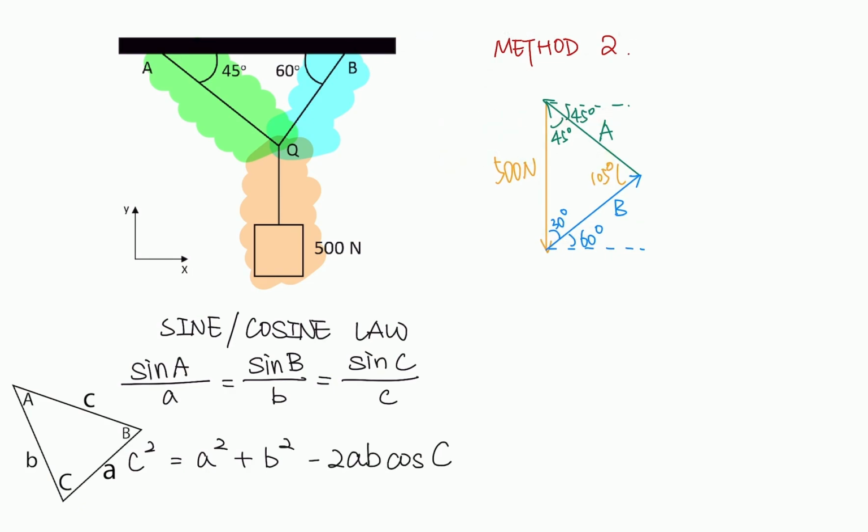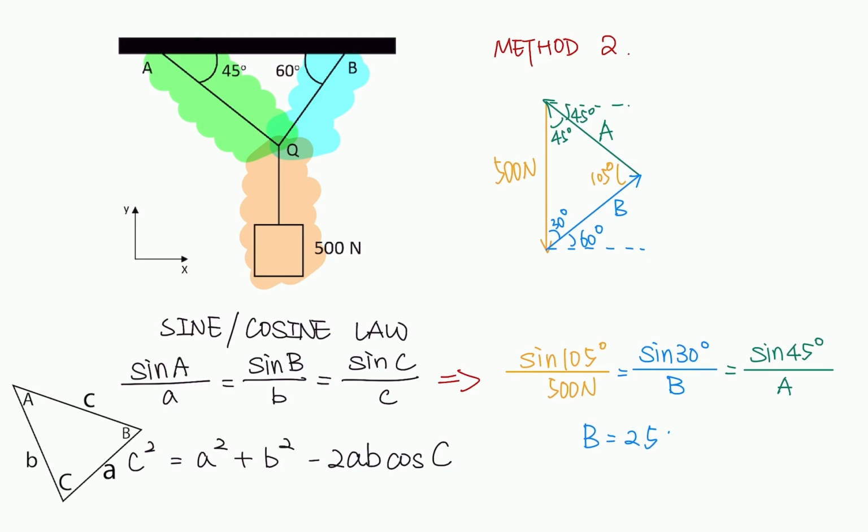And for this problem, we're going to use the sine law. Input all the information that we have into this formula and solve this equation. We will get B equals 259 newtons and A equals 366 newtons.